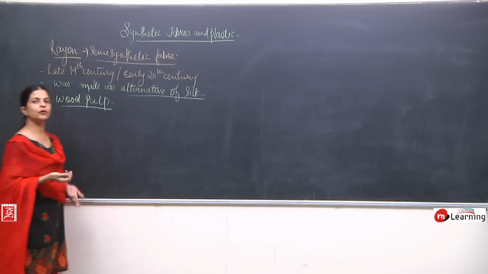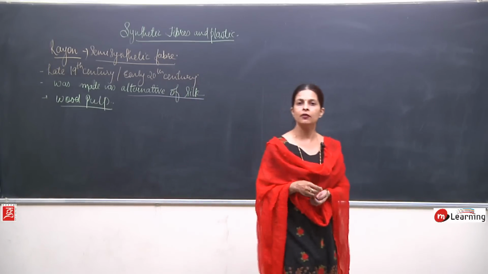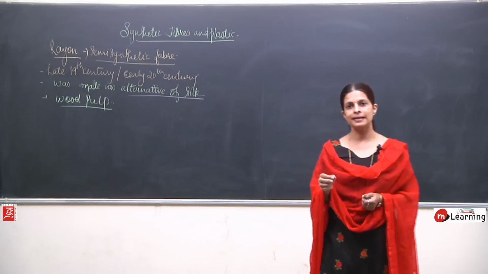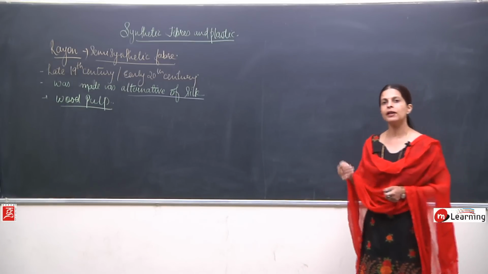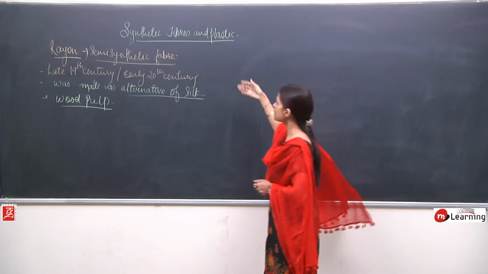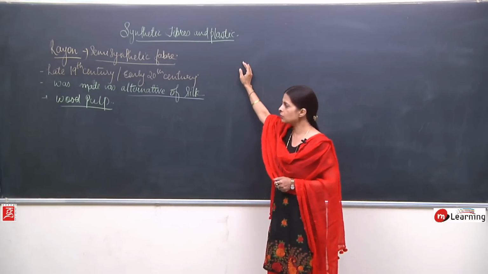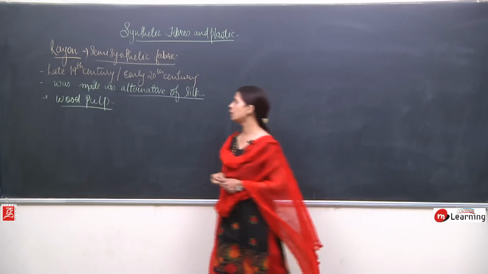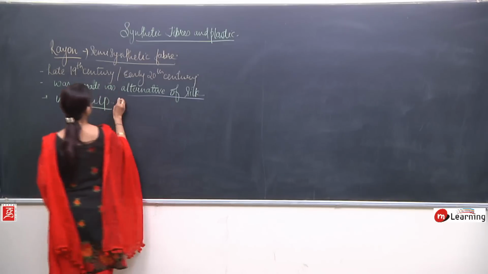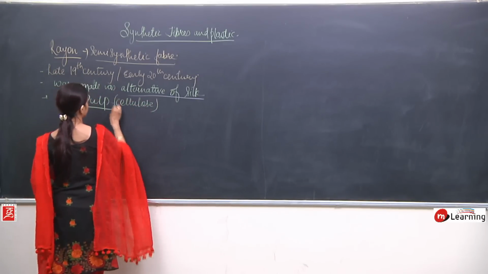Now we all know wood is a natural thing, so when wood, a natural substance, is used, how can we say this material is totally synthetic? No, it is not. Because the cellulose of wood pulp is used.